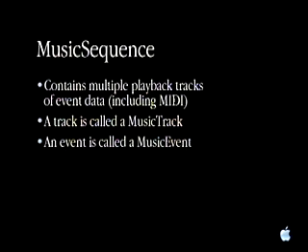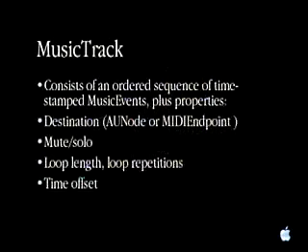Music sequence is the next level object, and a music sequence contains multiple playback tracks, which are called music tracks. Each music track contains a series of time-ordered, time-stamped events. And each music track with these events addresses a particular AU node in the AU graph that we spoke about before.